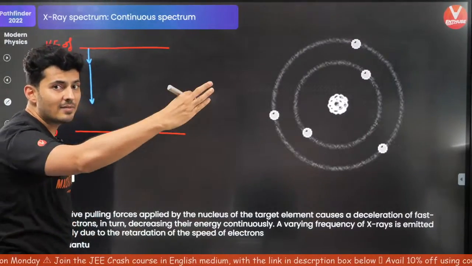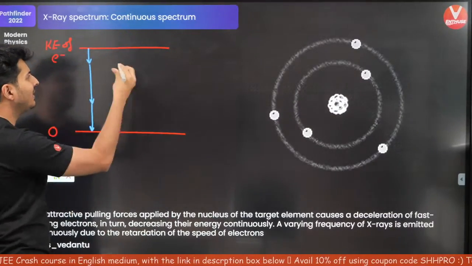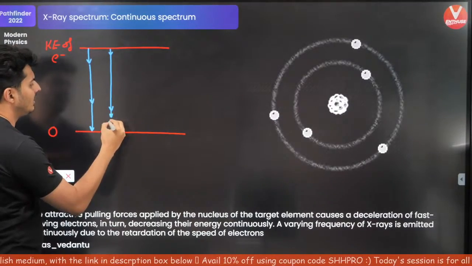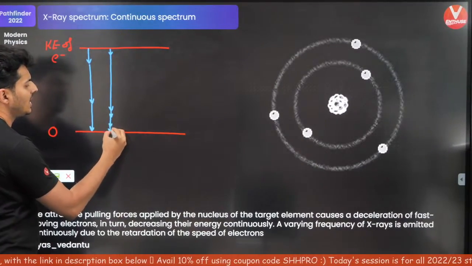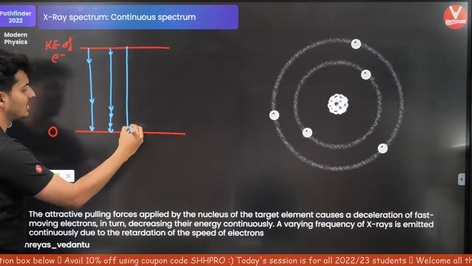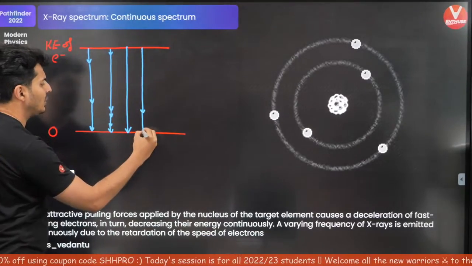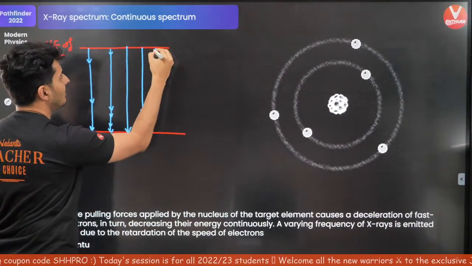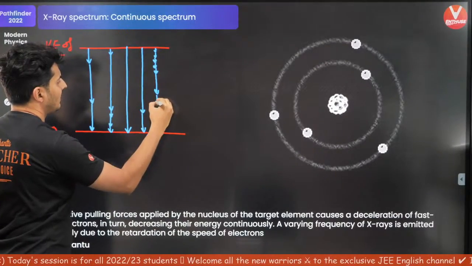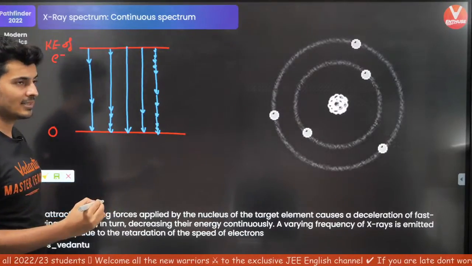Some other electron might lose only this much, then this much, and then this much. Some electron might lose all the energy at once. Some electrons might lose it in multiple steps, maybe 2 steps, 1 step, I don't know. Some might lose it in more steps like this. These are all the different possibilities.